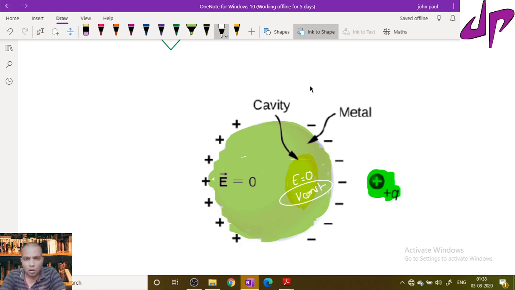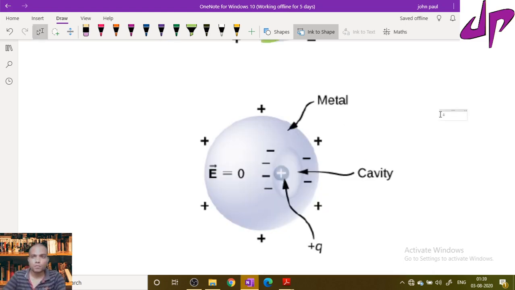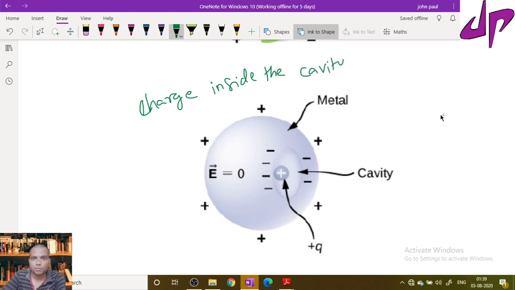Suppose now we keep a charge inside the cavity. This is the case, a charge inside the cavity. Closely, you can see the positive charge q is located inside the cavity.